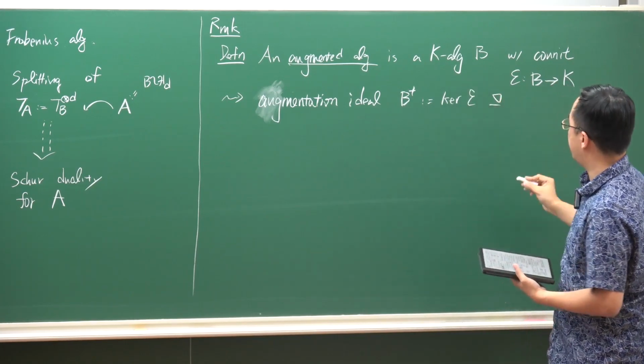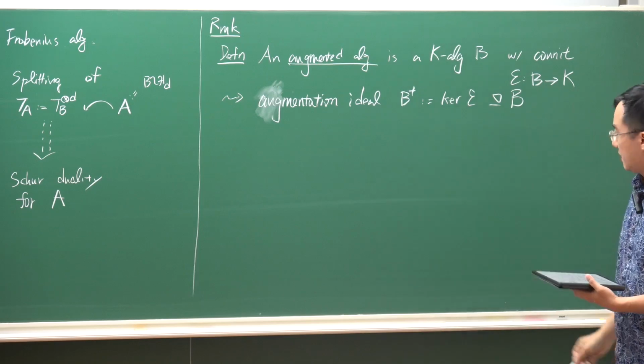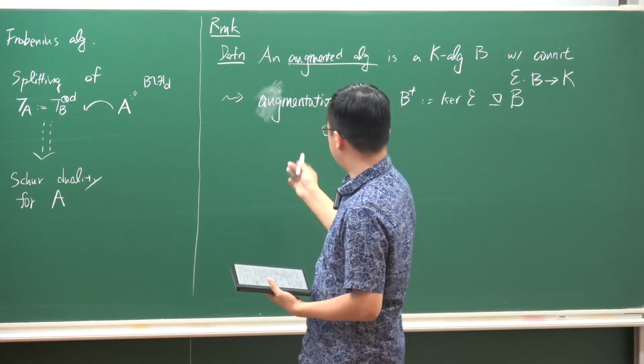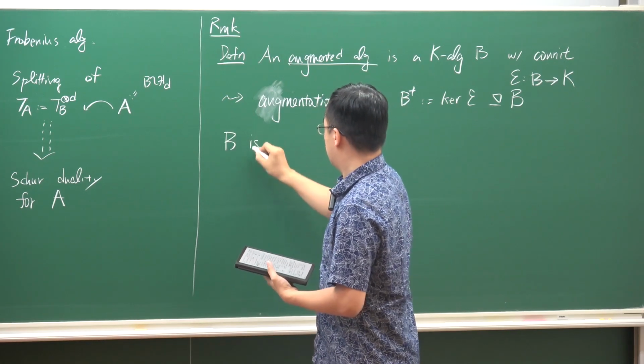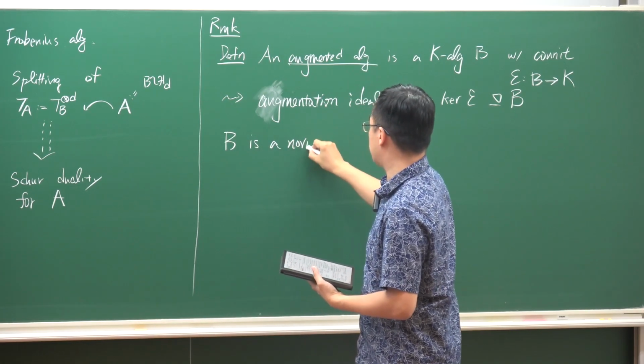And this is a two-sided ideal of your algebra. And then you can define further the notion of a normal subalgebra.